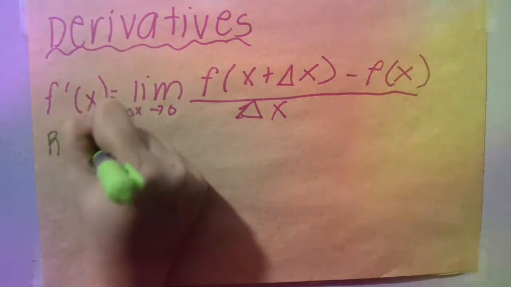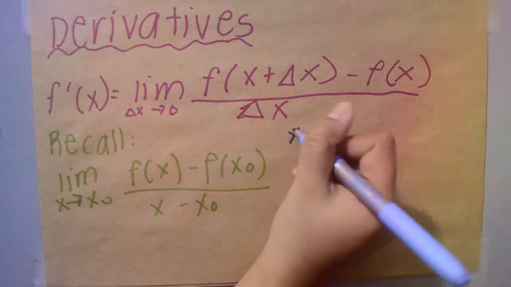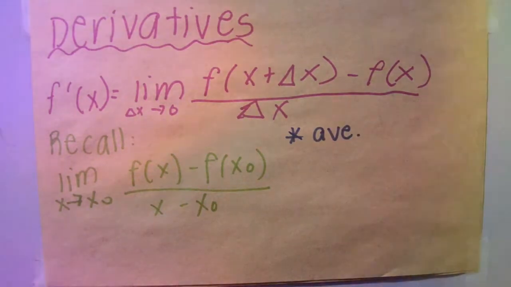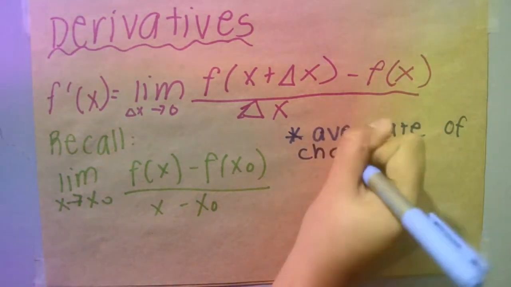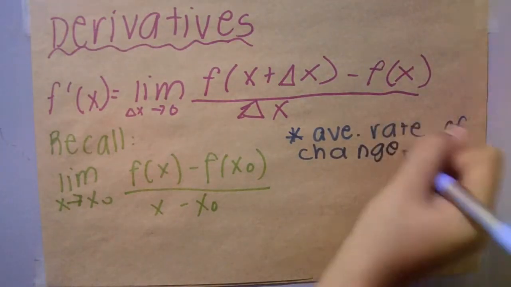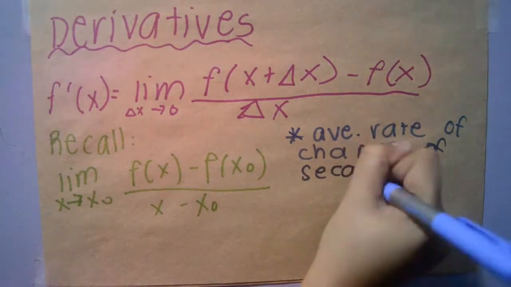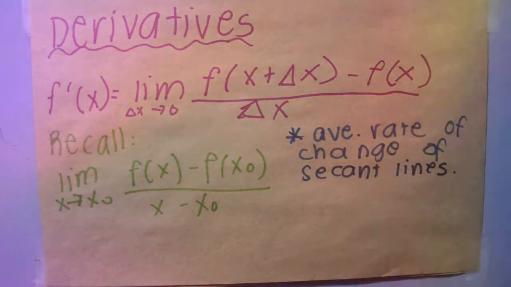Now let's recall. As you remember, in the past lesson from the slope of a tangent line, it's somehow the same kind of formula, but this time the derivative is the average rate of change of secant lines, while the other one is for tangent lines.